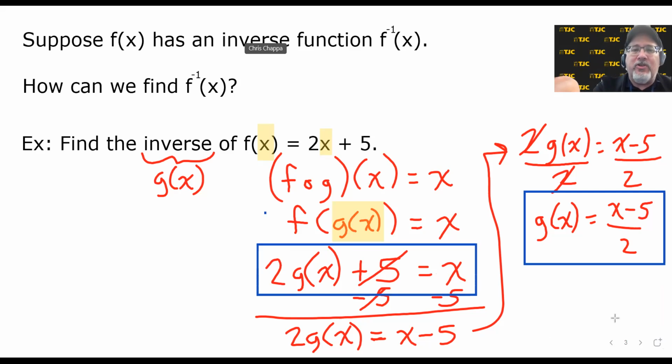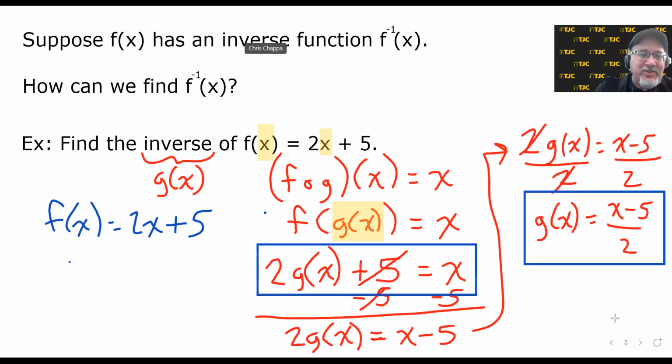In other words, if we took this function f of x equals 2x plus 5, and said, well, that's just another way of saying y equals 2x plus 5. And compare that line with the other one currently in the blue box.